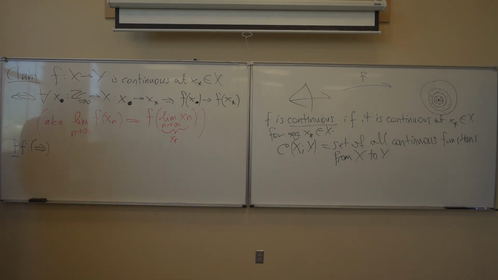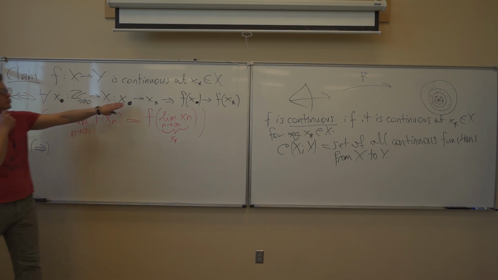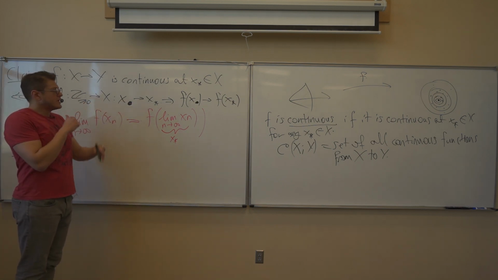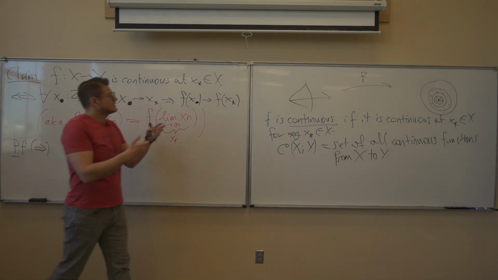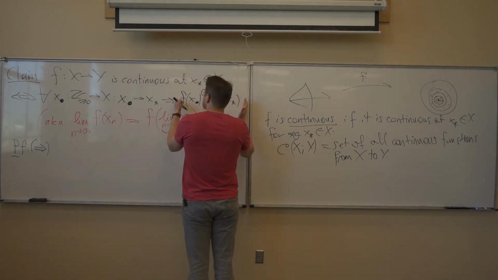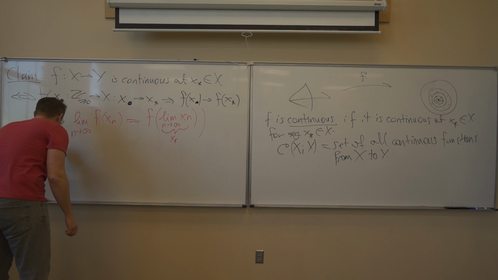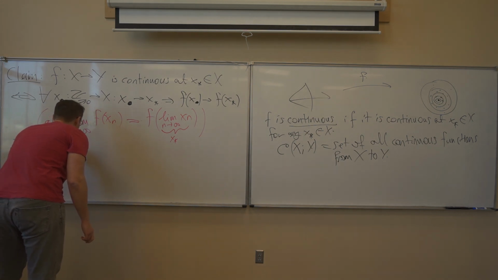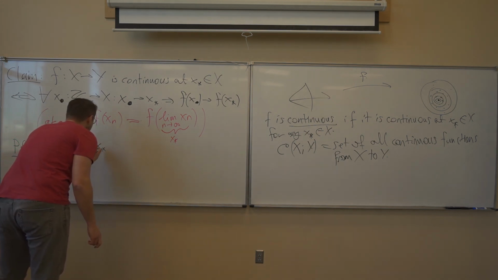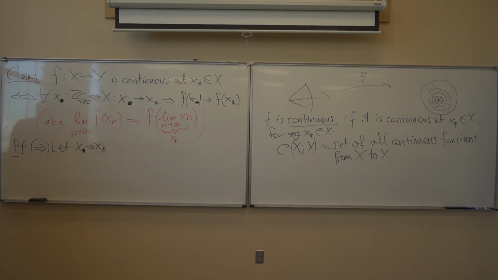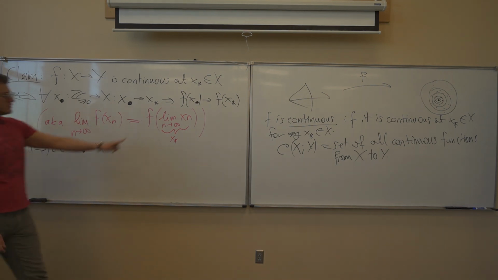That's my definition. Now I need to show this statement. So what do I need to do? I need to take a sequence, x bullet in x, that converges to x star, and I need to do something that guarantees that this happens. Let x bullet be a sequence that converges to x star.